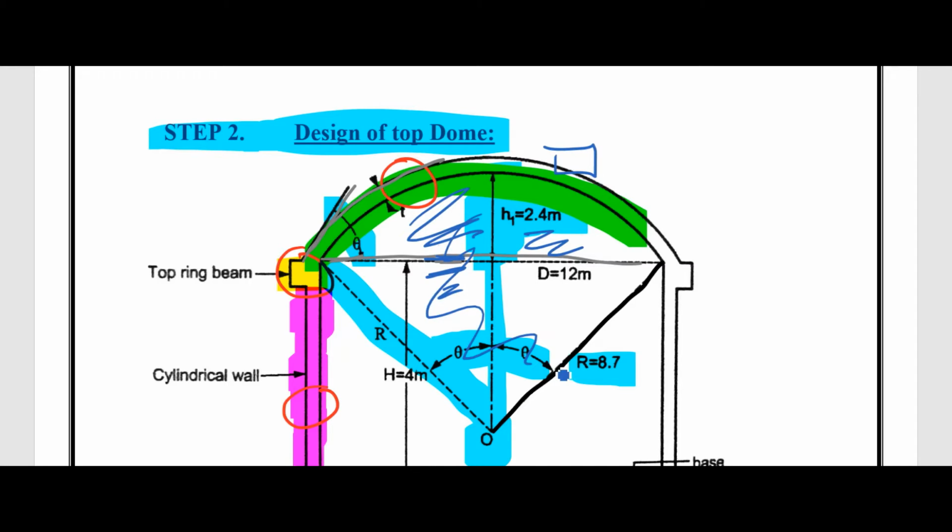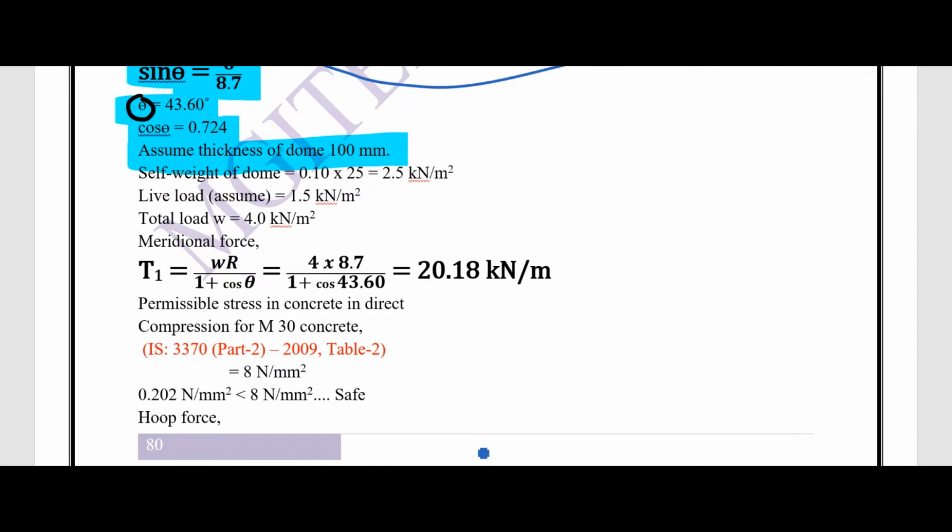So at that time we have to calculate a live load on this dome, and by this live load we have a hoop tension, and this hoop tension can be calculated by this theta. That's why we require a theta value.